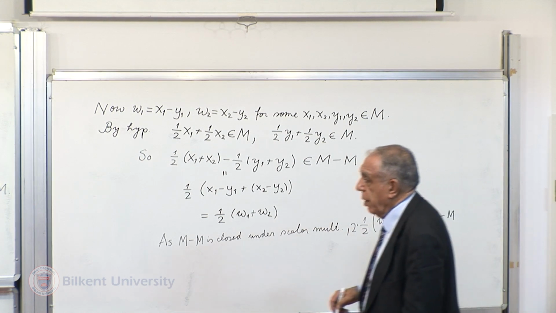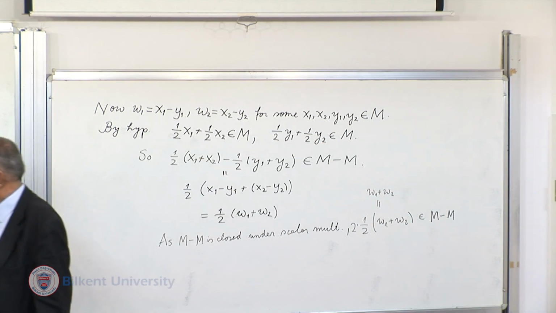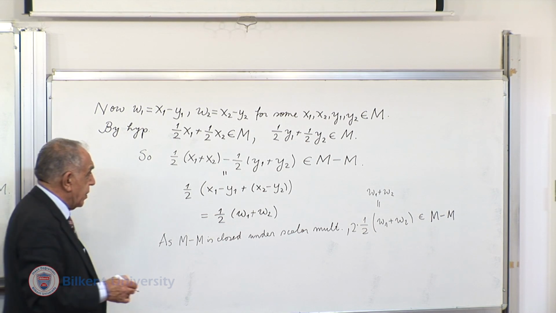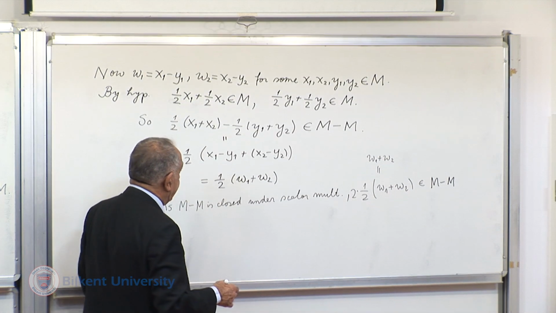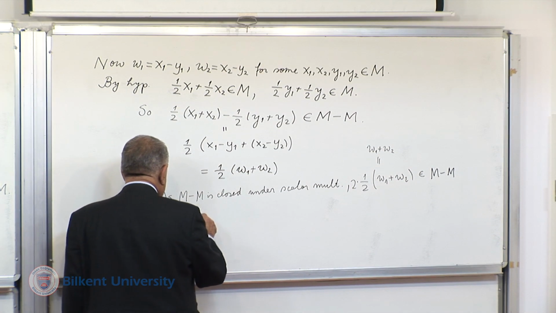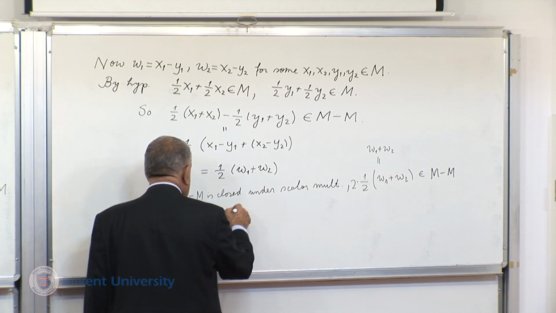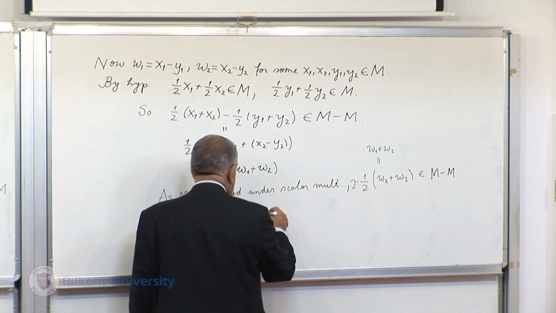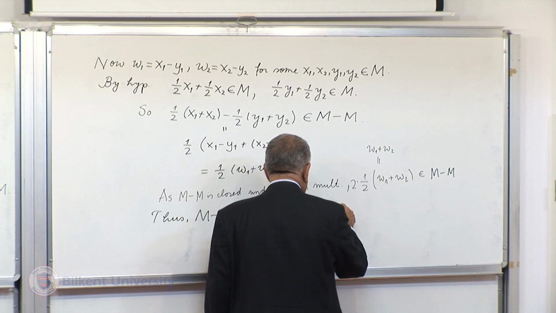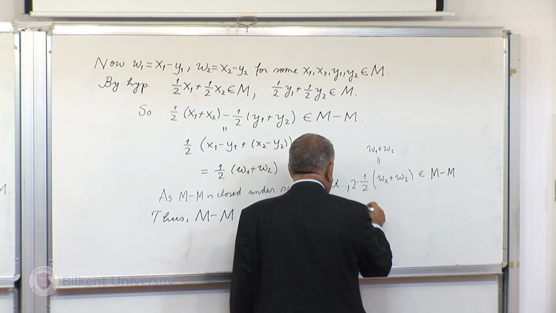So we took any two members from this set and have shown that their sum is in this set as well. Thus, cap M minus cap M is also closed under vector addition.